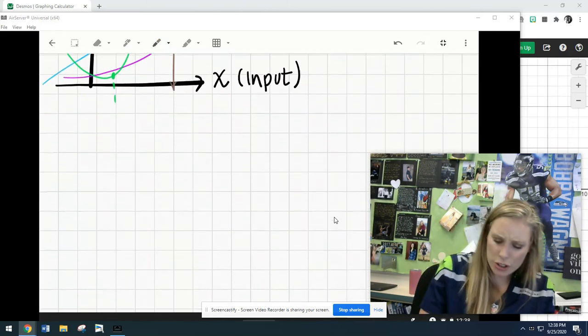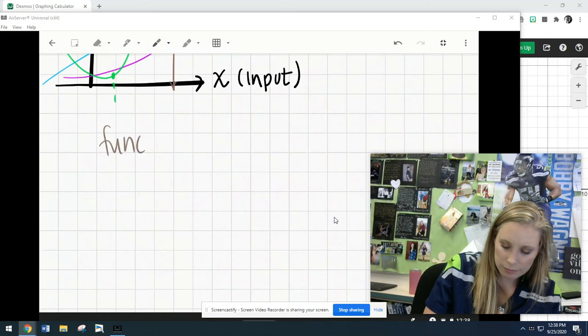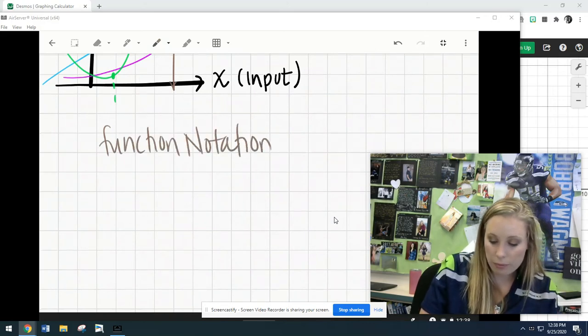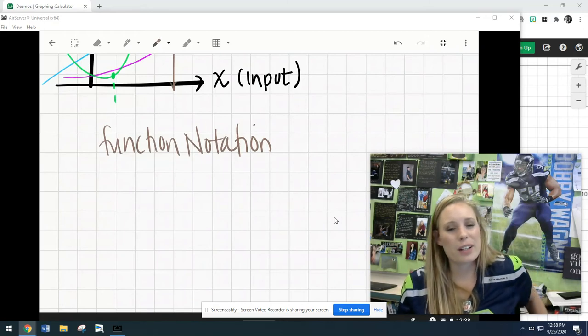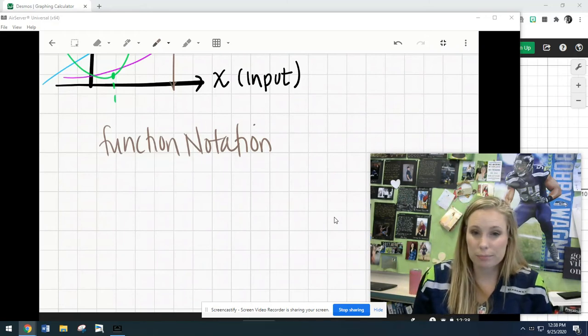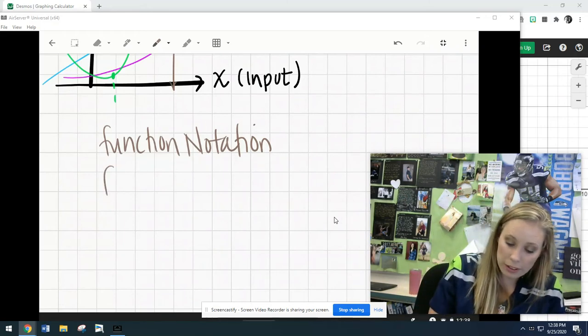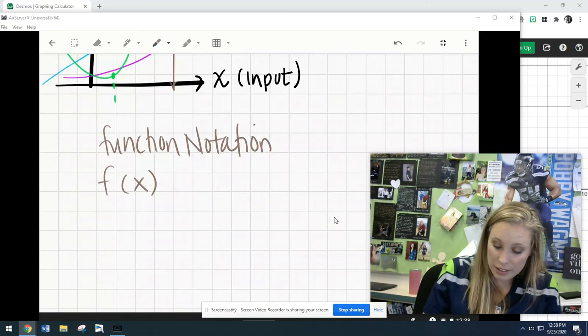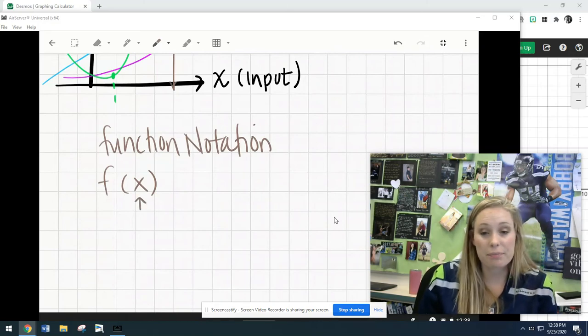Okay, let's talk about function notation. Function notation allows us to identify what is the output and what is the input. So our output is f of x. Our input is the x.